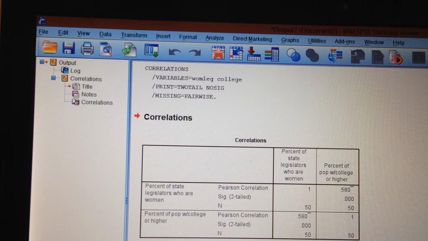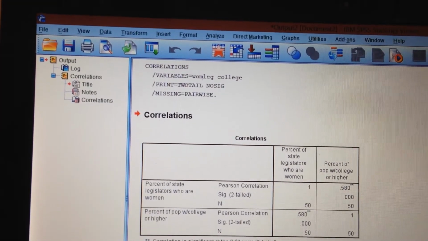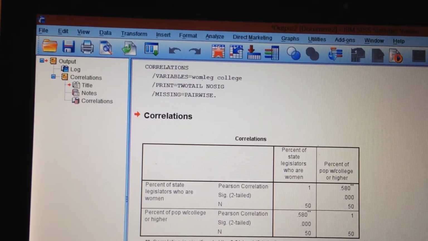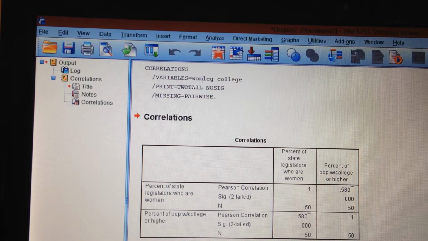As for the actual strength of the correlation, that's when you look at this number here. Remember that we said correlation coefficients of 0.2 and above indicate very strong correlation. Correlation coefficients of 0.1 to 0.2 indicate strong correlation. And correlation coefficients with absolute value less than 0.1 equals not strong correlation.